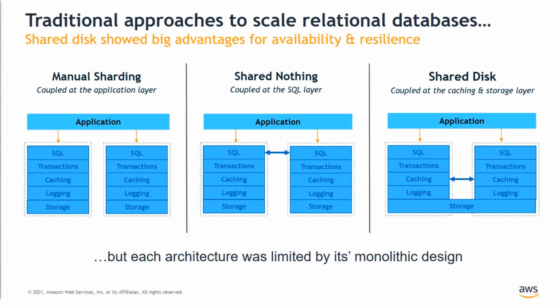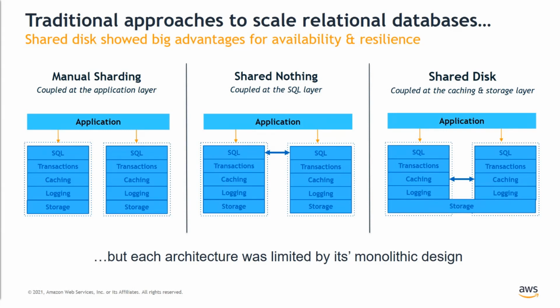Then in the mid 90s, Oracle and Sybase and some others started looking at shared disk technologies where you could couple at the storage layer, but that required a lot of work in the caching and transaction management layers. It turns out that that shared disk approach has some great advantages for availability and resilience, and we'll talk more about that layer later.